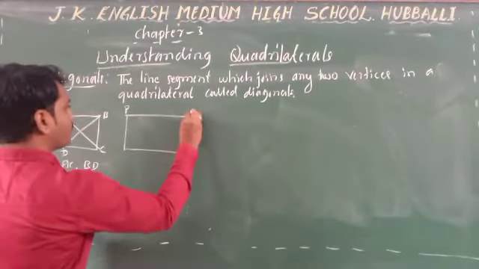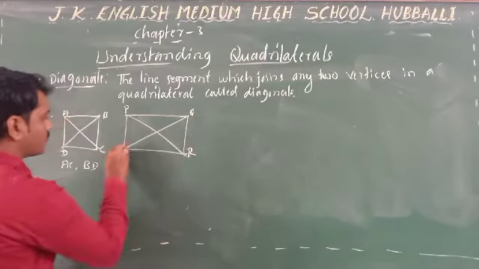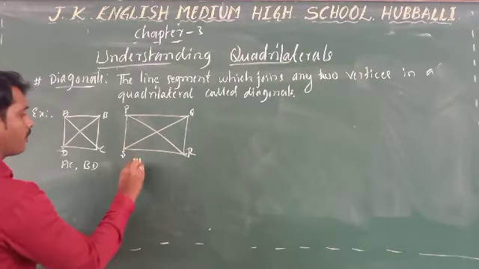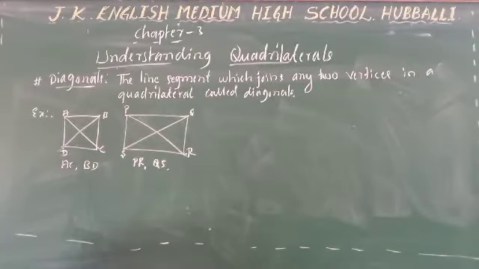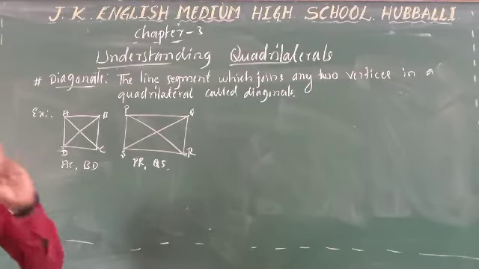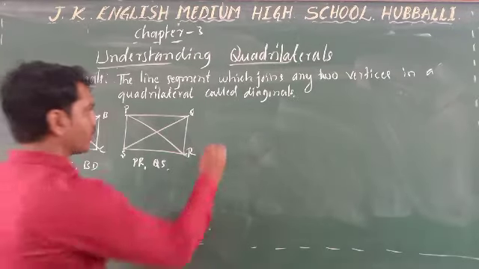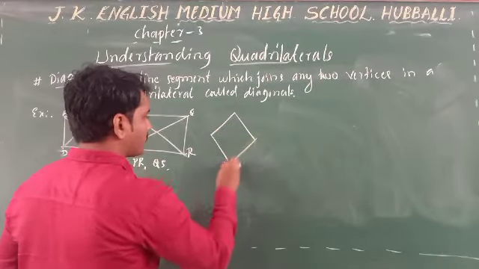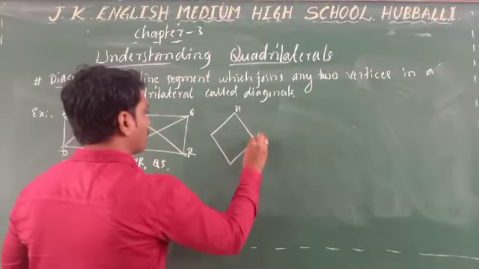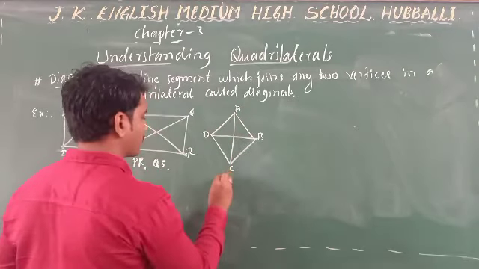Next, in rectangle, P, Q, R, S is there. So here the diagonals are PR and QS. Correct? In quadrilateral, we are having only two diagonals. Understanding? Exactly two diagonals created. So for example, in rhombus, this is the rhombus A, B, C and D. One diagonal, two diagonals.